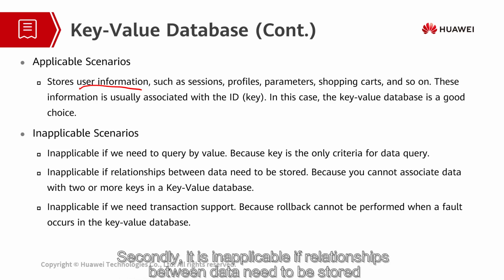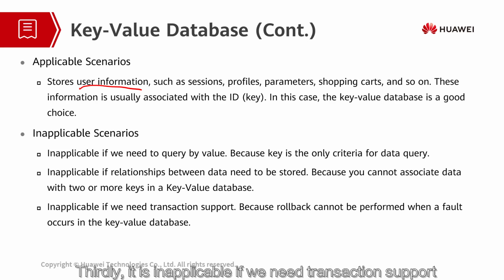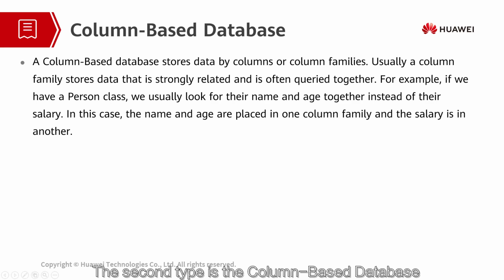Secondly, it is inapplicable if relationships between data need to be stored, because you cannot associate data with 2 or more keys in a key value database. Thirdly, it is inapplicable if we need transaction support, because rollback cannot be performed when a fault occurs in the key value database. The second type is the column-based database.